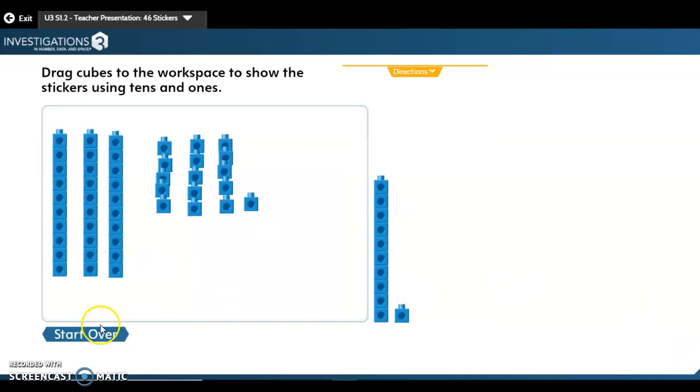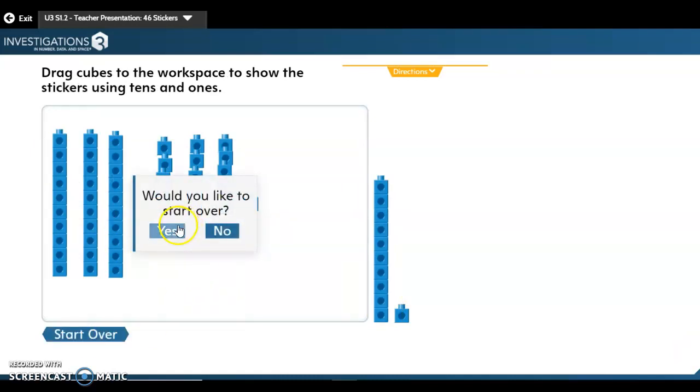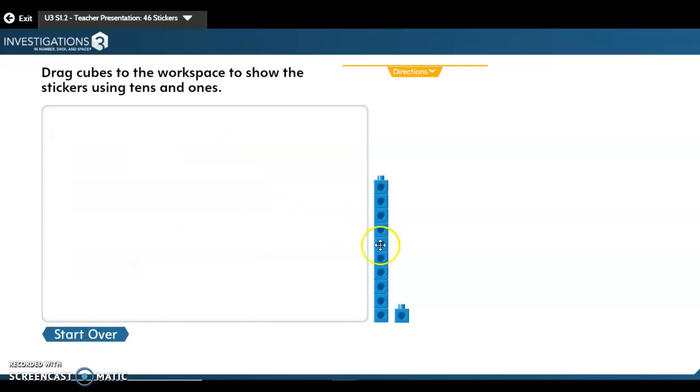Now we've worked with sets of 3 10s. Let's see if we can go down one more and try it with 2 10s.